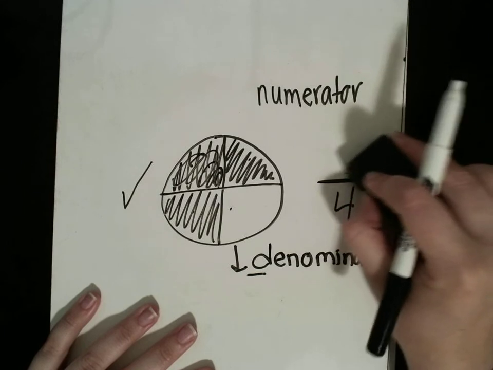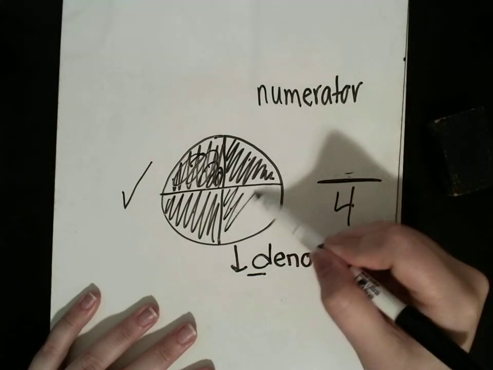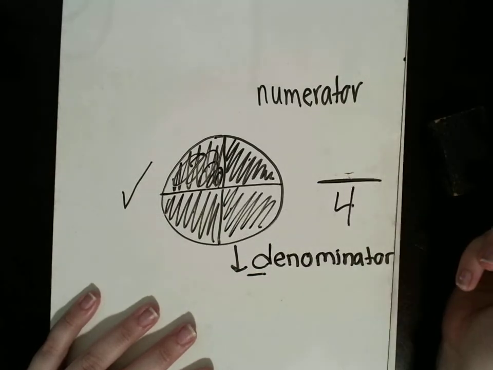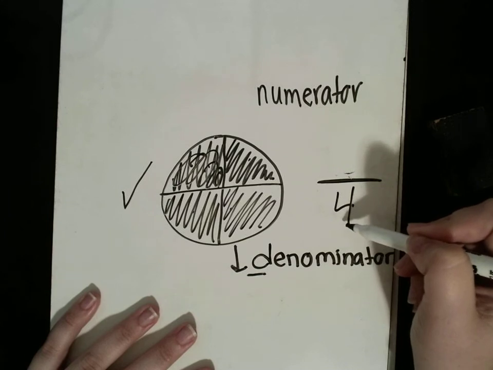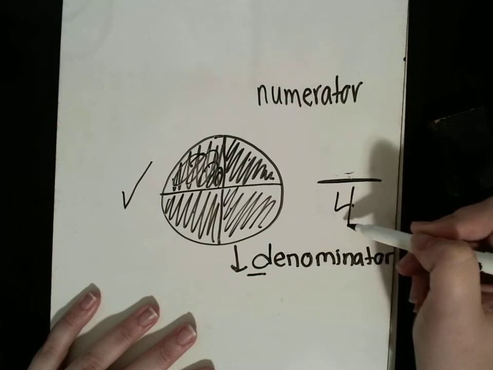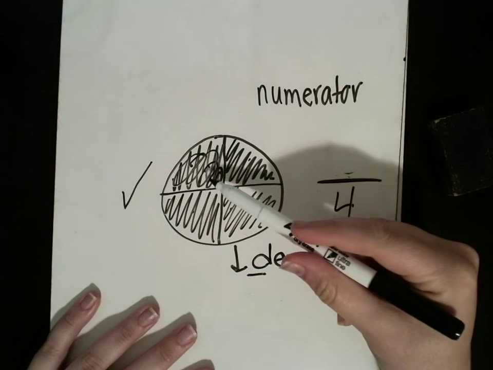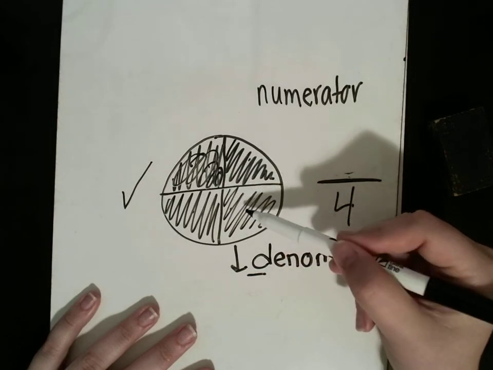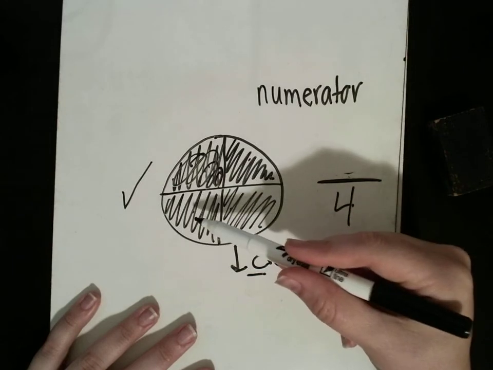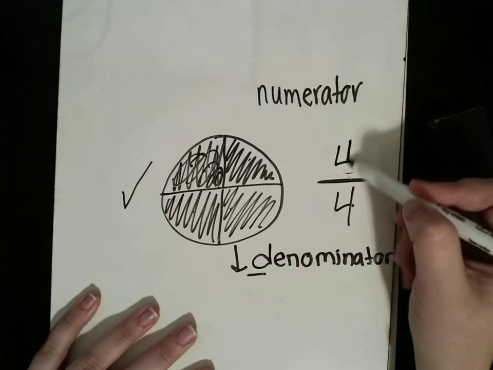Now the last one we're going to do, I'm going to shade in this last one. Again, we still have 4 equal parts. That has not changed. But now we have 1, 2, 3, 4 of them shaded in.